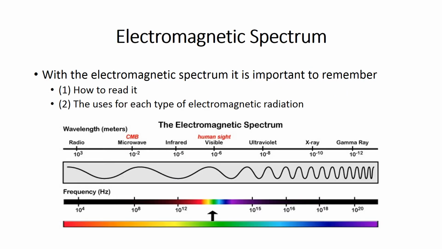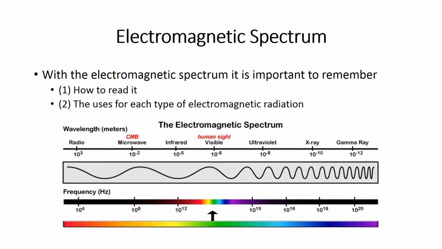When you see the electromagnetic spectrum, there are two things that are really important that you have to remember. The first thing is how to read it. Now here, you should hopefully notice that this electromagnetic spectrum is organized just a little differently than the one we saw last. In the last one, gamma rays was on your left, radio waves was on your right.